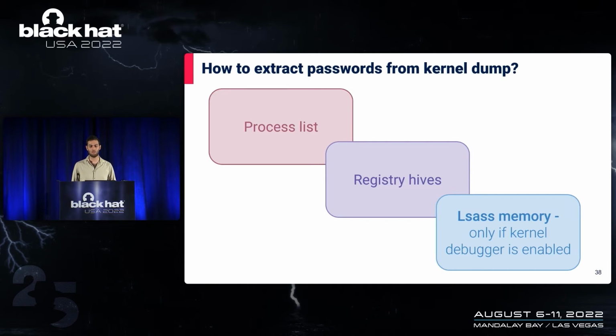And if the kernel debugger is enabled, it is possible to gain all the passwords much easier with LSASS. And of course, the kernel dump is not only about passwords. We can see lots of other interesting information. For example, EDRs, detecting which ones are running, viewing event logs, stack traces, kernel memory, and much more.